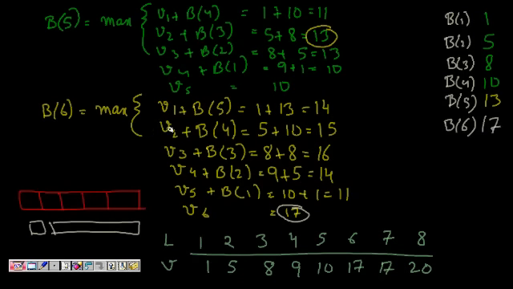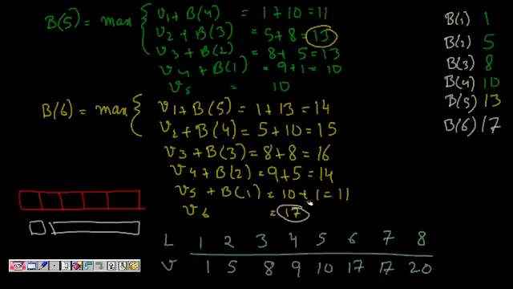I can have v2, a cut of 2 units, plus b4, v3 plus b3, v4 plus b2, which means a cut of length 4 units plus b2, the best possible way of cutting a rod of length 2, v5 plus b1 or v6. So we calculate all these from the table and whatever values we have already calculated, and this is the b6 for this.